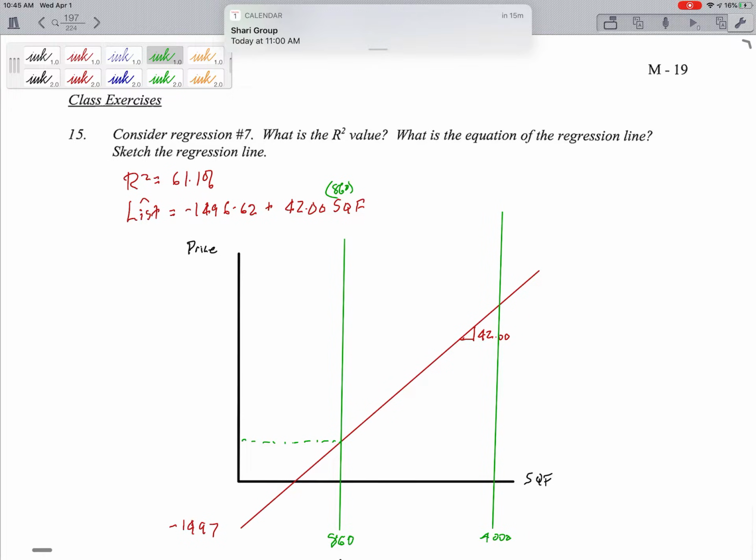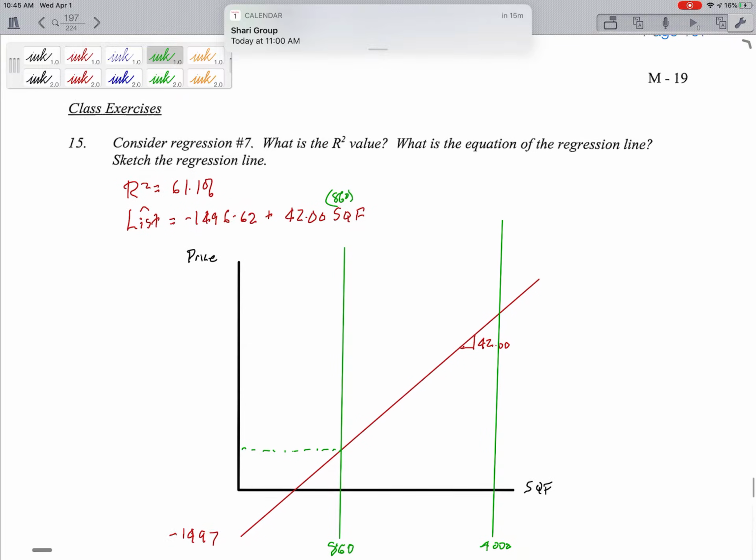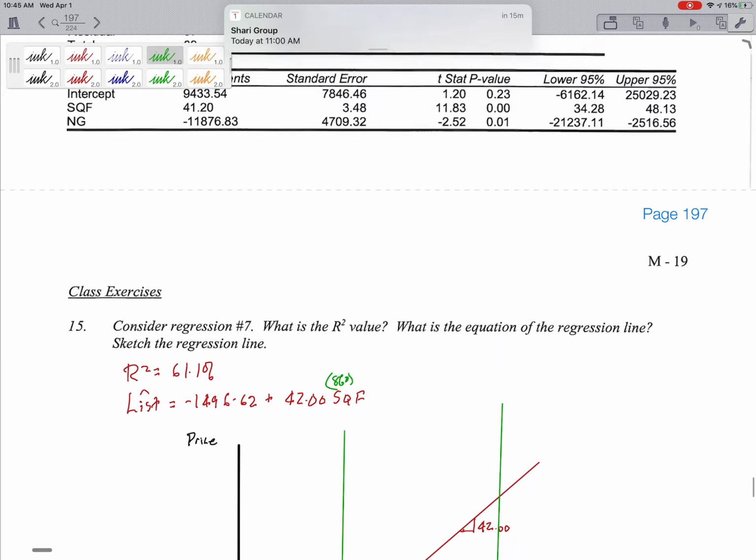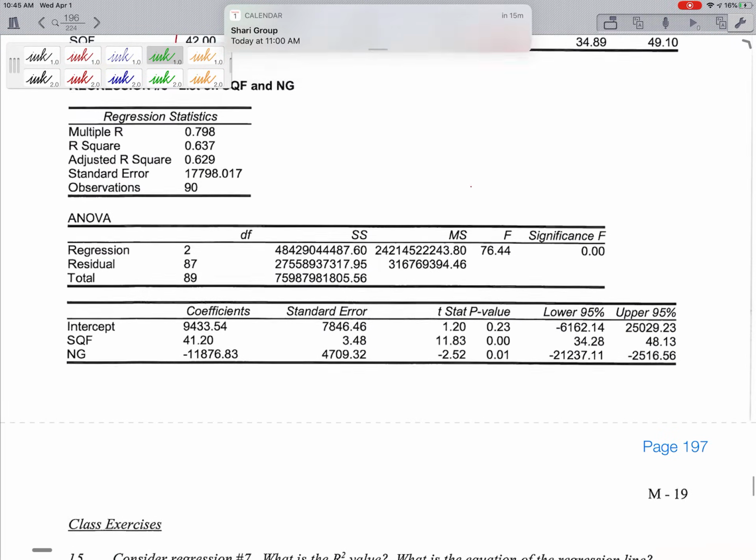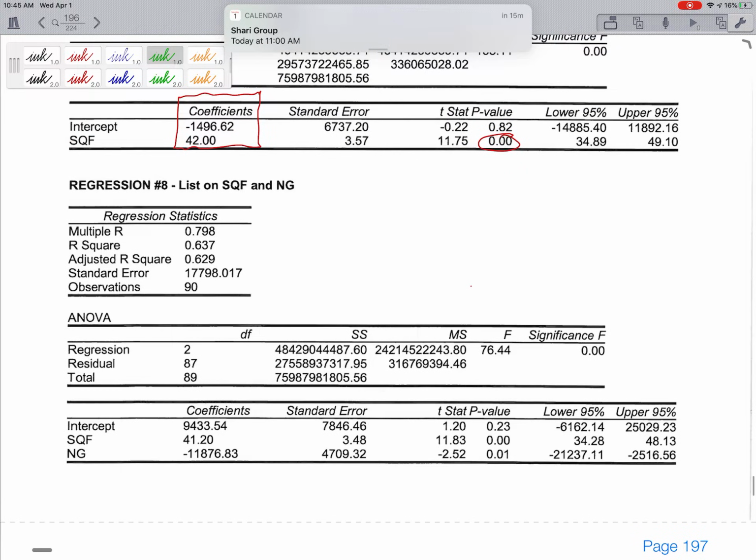So that's our sketch then of the regression, where you're just looking at the listing price of the house and square footage. All right, now what we're going to do is add in the dummy variable. So let's go to the output here, and this is regression number 8. So we're looking at the listing price of the house on square footage and natural gas, which is a dummy variable and takes on values of 0 and 1.